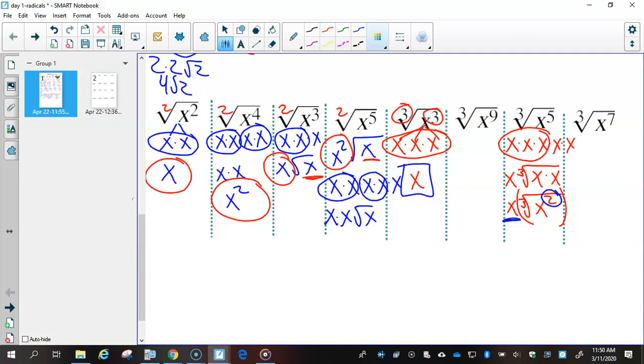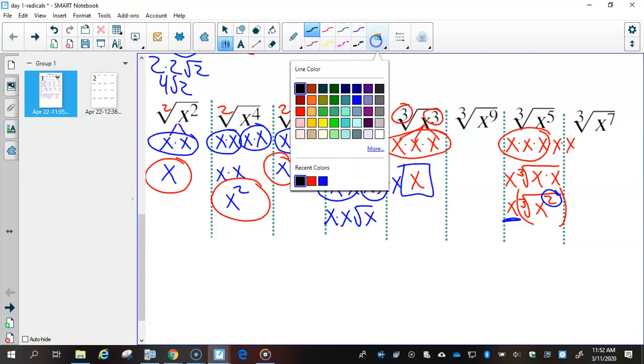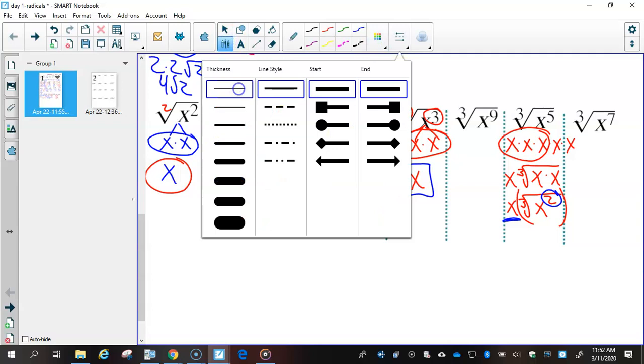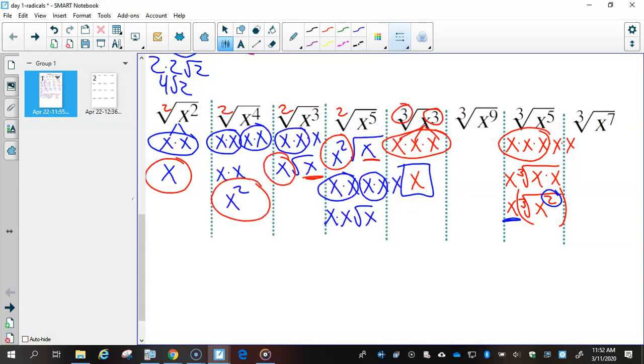Okay, I want you to try those last two. I'm going to do this by way of expansion, but if you did it this way, that's fine too.